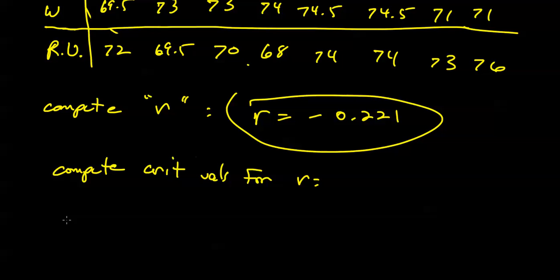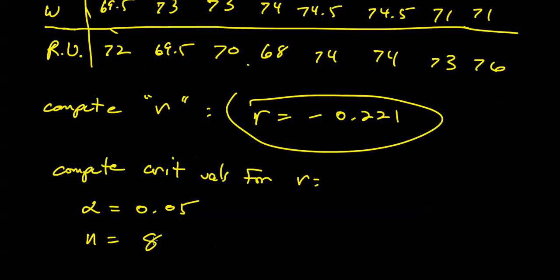Now, the book says to use 0.05 level of significance on this entire set of homework problems. If you read the instructions for all these problems in this set, you'll see they say to use alpha equals 0.05. And of course, our sample size is 1, 2, 3, 4, 5, 6, 7, 8. We've got 8 pairs of data.